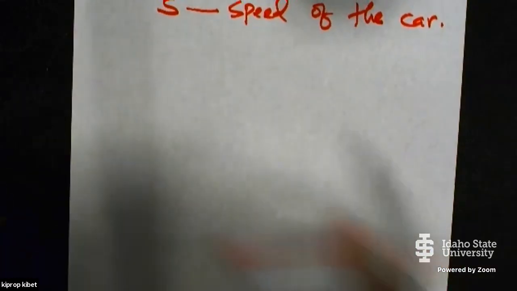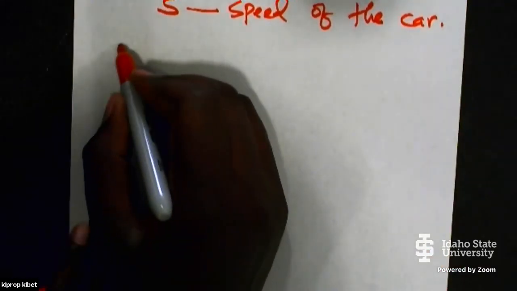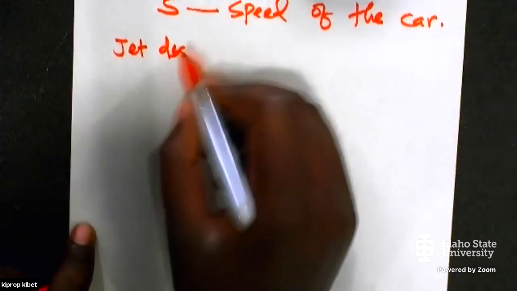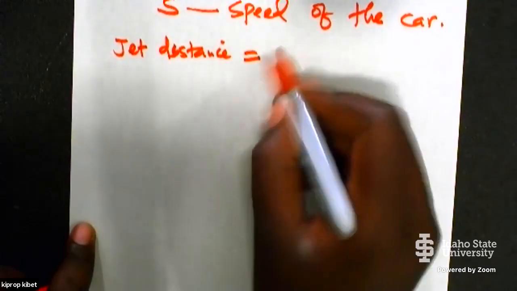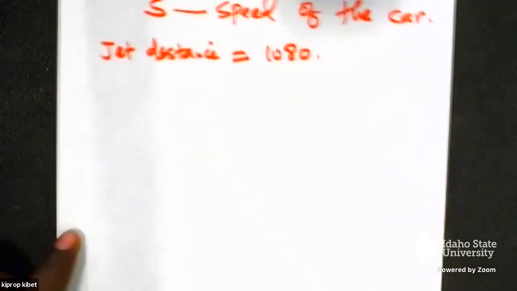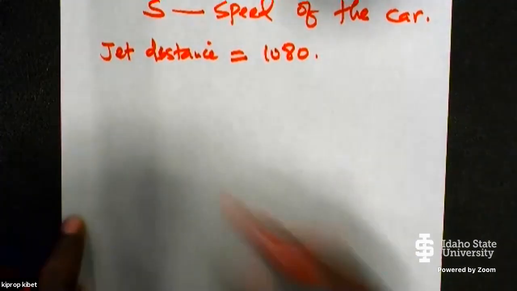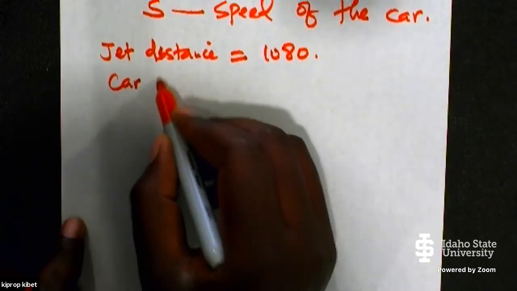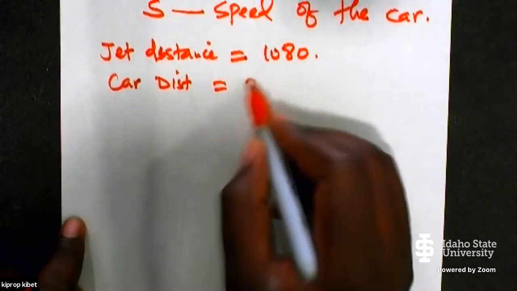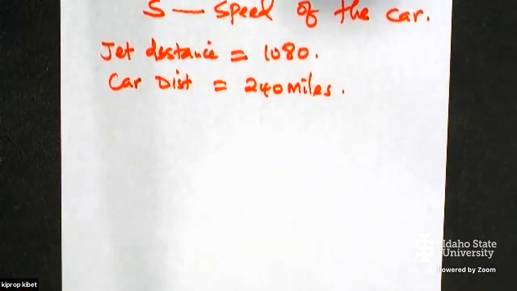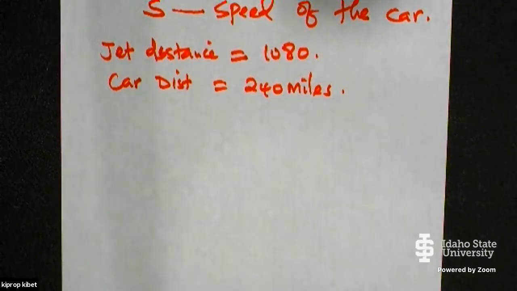So the distance for the jet is equal to 1080. Then 240 miles by the car, so the car distance is 240 miles.